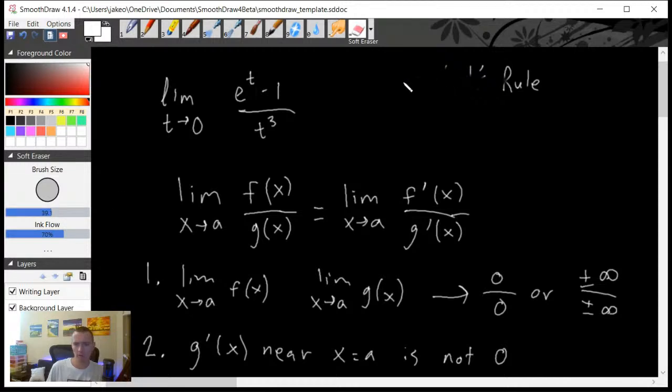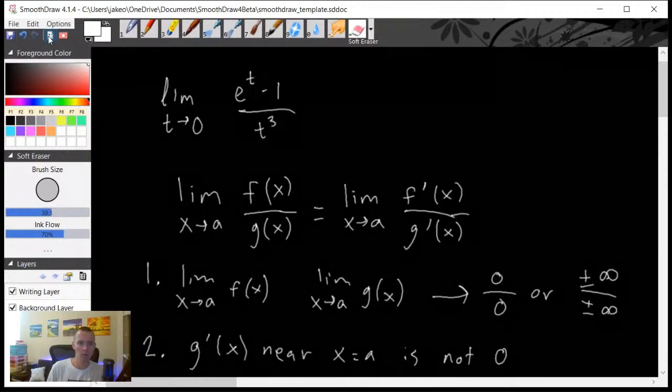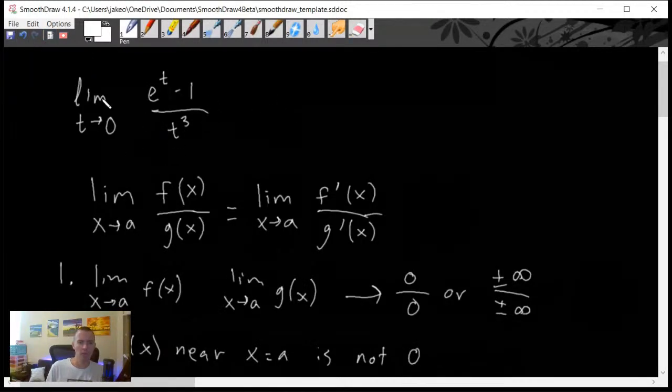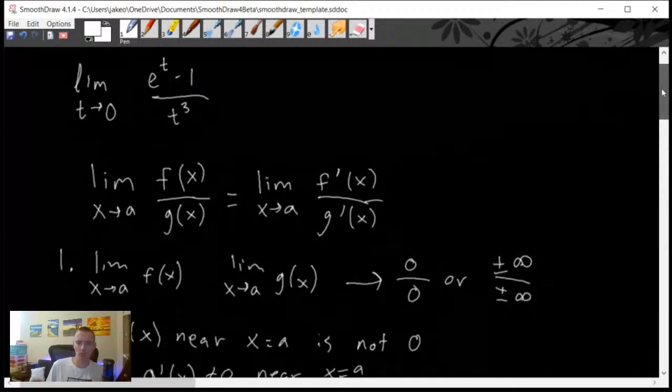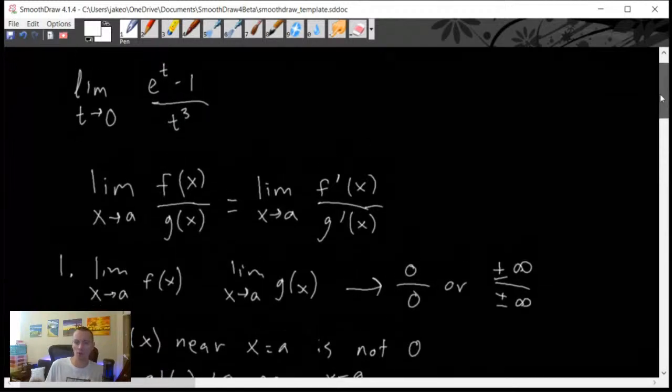The limit as t goes to 0 of e to the t minus 1 over t cubed. Let's make sure that these two conditions are both met.